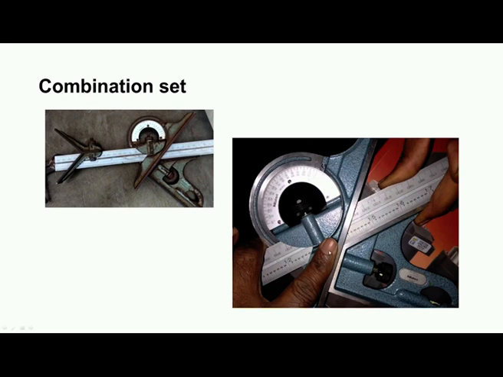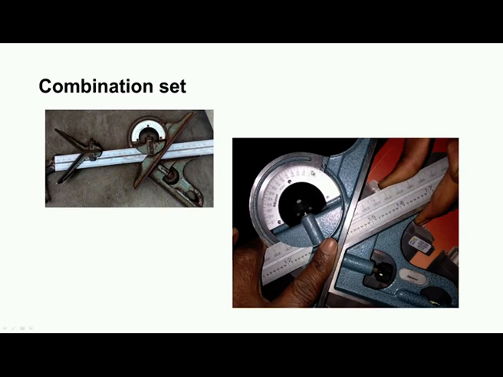Now, what we have to do is insert the workpiece whose angle is to be measured. For example, this is the workpiece. This angle between this particular surface and this particular surface we want to measure. The workpiece is placed between the steel rule and the blade, and there should be intimate contact between the workpiece surfaces and the blade surfaces.